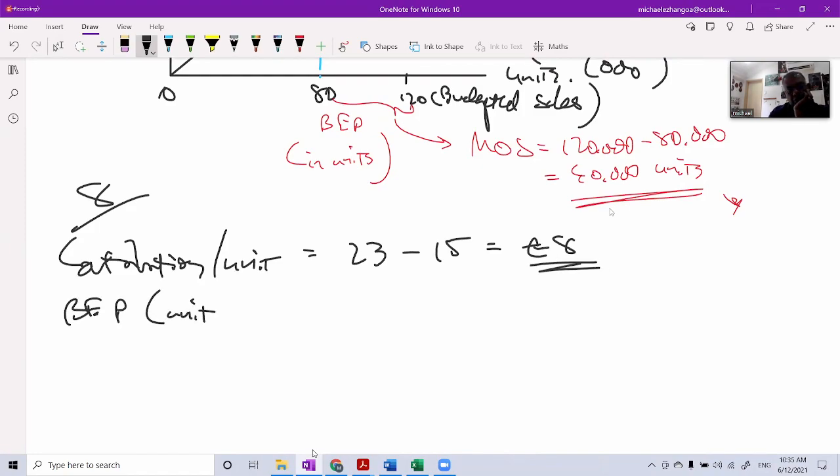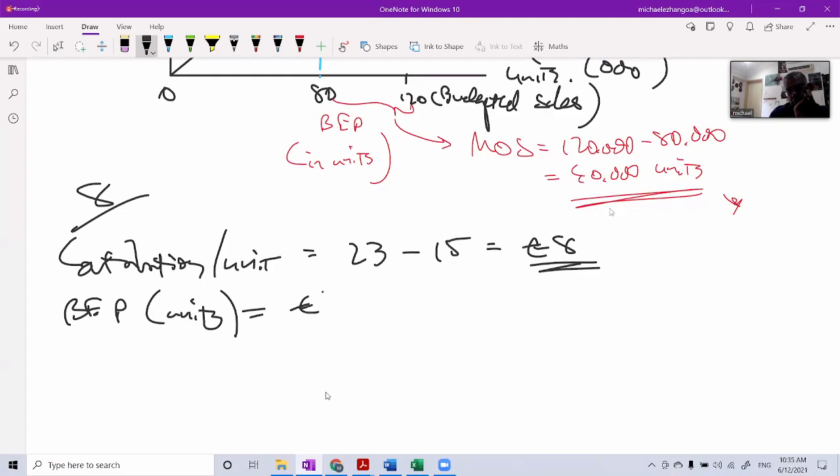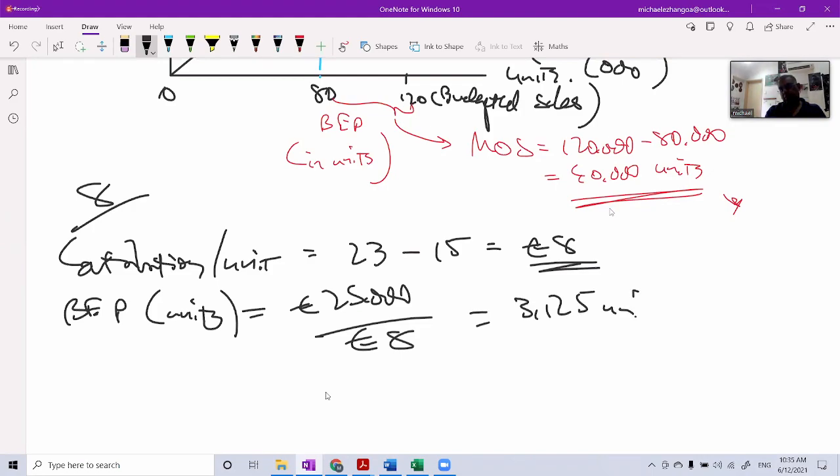Break-even point in units is fixed cost of 25,000 over 8. So 25,000 divided by 8 is 3,125 units.